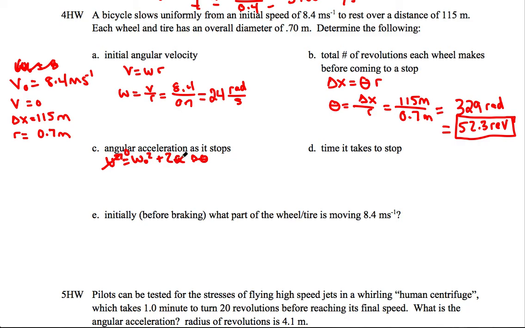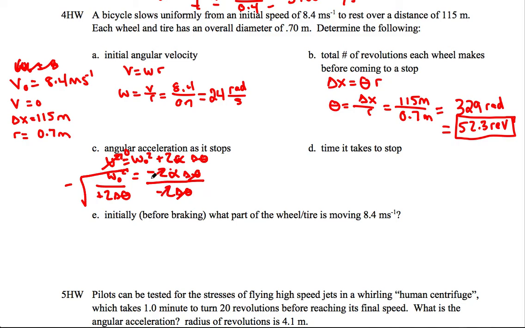I'm trying to look for the angular acceleration, and I have my change in theta. So if I rearrange this, I subtract, and 2 alpha delta theta is equal to negative omega naught squared, and then I divide by the negative 2 delta theta, and I'm going to bring that negative outside of the parentheses because my angular acceleration will be negative, and I don't want to include that negative in the square root.